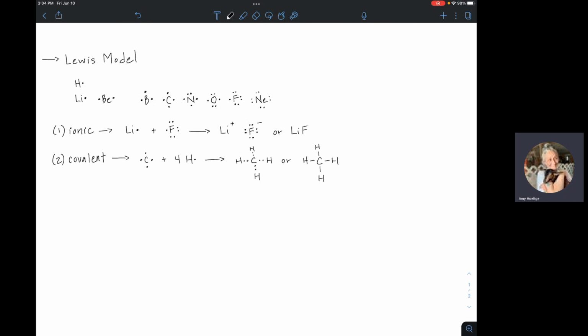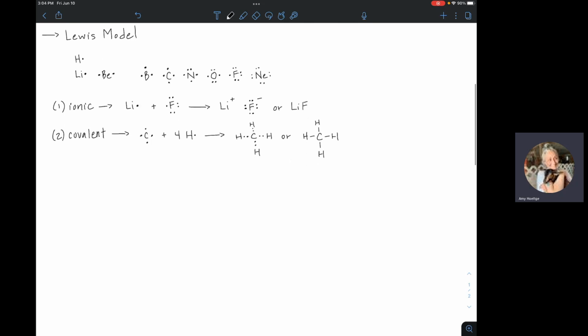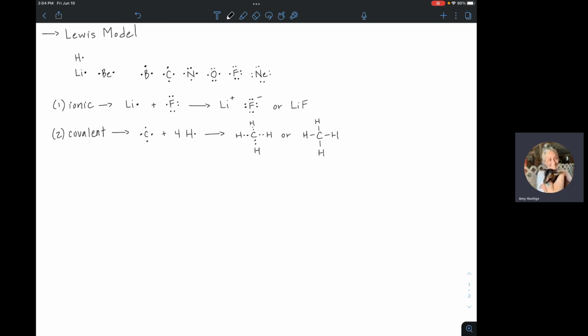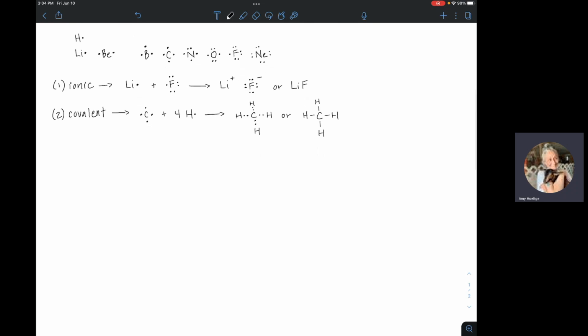The electronegativity of carbon is pretty close to the electronegativity of hydrogen, so we in fact have a relatively nonpolar covalent bond. And this is pretty easy for molecules where we're just matching up dots here, right? But it can get pretty complicated pretty quickly. So we have a method for drawing out these Lewis structures. Because what happens when we have molecules that have double and triple bonds, right?